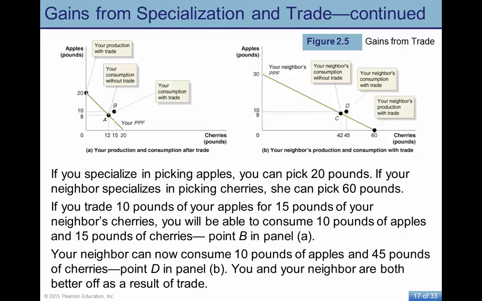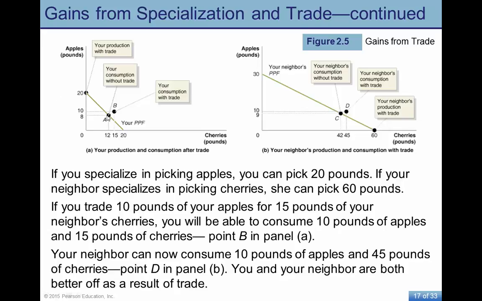If you trade 10 pounds of apples for 15 pounds of your neighbor's cherries, you will be able to consume 10 pounds of apples and 15 pounds of cherries. Point B in panel A.